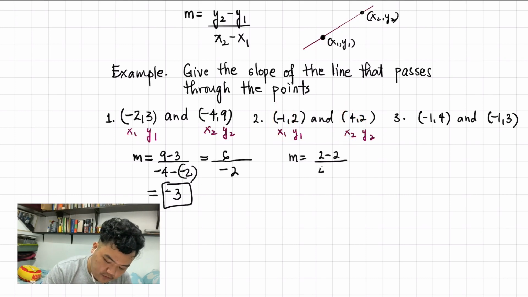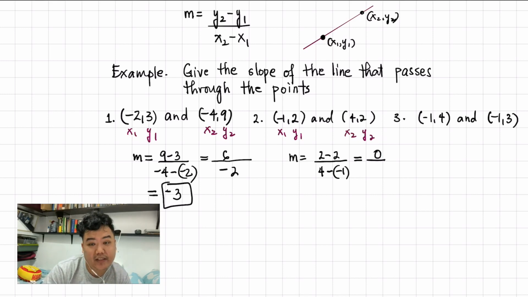So that is 4 minus negative 1. We get 0 divided by 4 minus negative 1, which is 5. And 0 divided by a non-zero number is 0.